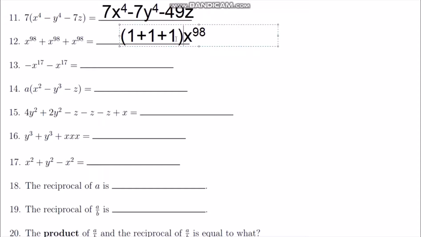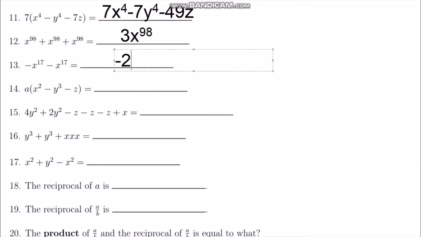These two things are equal, so therefore we have 3x to the 98th. The way of thinking about it, you want to see 1, 2, 3 of these, so there's 3x to the 98th power. This one, for the same reason, is minus 2x to the 17th. Recall there are these 1's out front. They're really 1's. So you have minus 1, so that's negative 2.